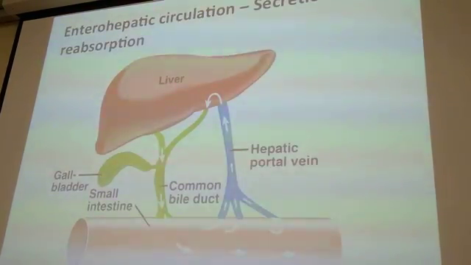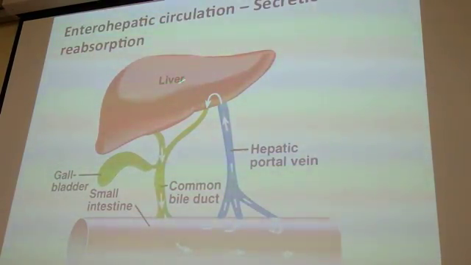Yes. Okay, and then another important topic from this was the enterohepatic circulation, which just refers to the hepatic portal vein, which brings material absorbed from the small intestine back to the liver first. So the first site is going to be the liver, and so things like bile acids are going to be reabsorbed into the liver for recycling so that they can be resecreted via the common bile duct.